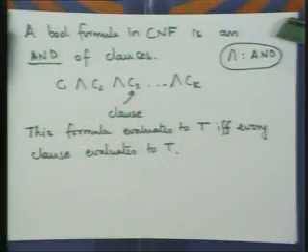But these are the only Boolean formulae that we are interested in. And one can show, we will not do it, that every Boolean formula can be written equivalently in CNF.